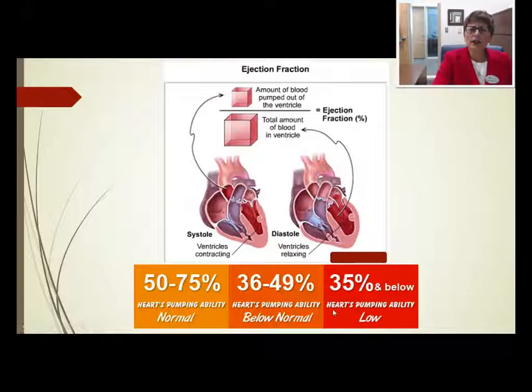Someone who has below 30% ejection fraction may qualify for an implanted defibrillator, because if your ejection fraction is low, you are at risk for a fatal heart rhythm called ventricular tachycardia, and an internal cardioverter defibrillator will shock the heart if they go into that fatal rhythm.